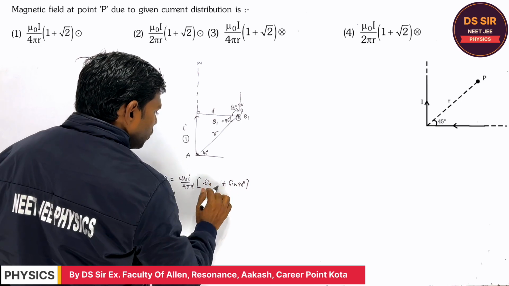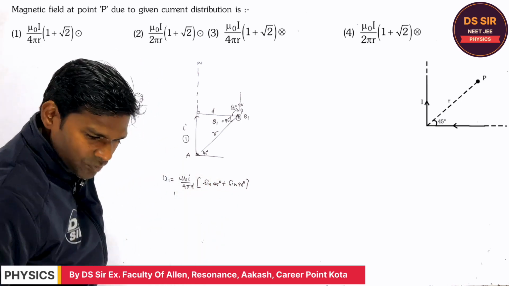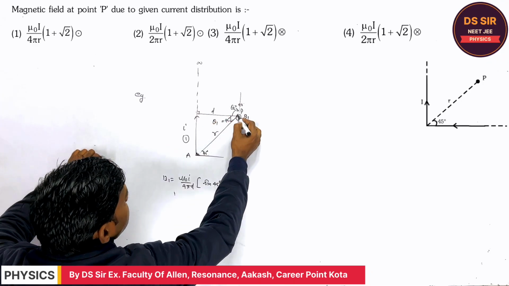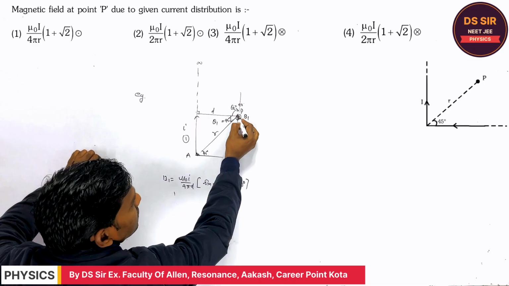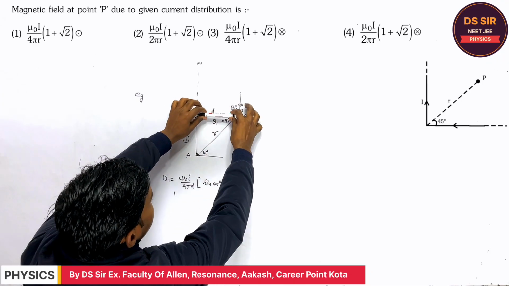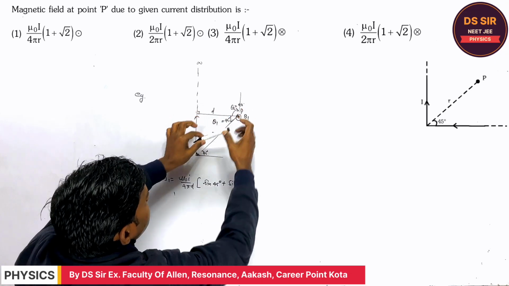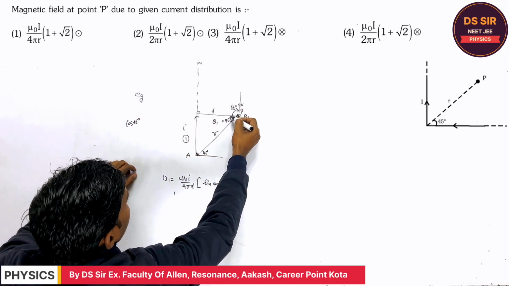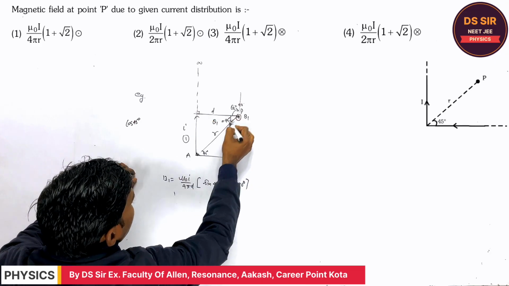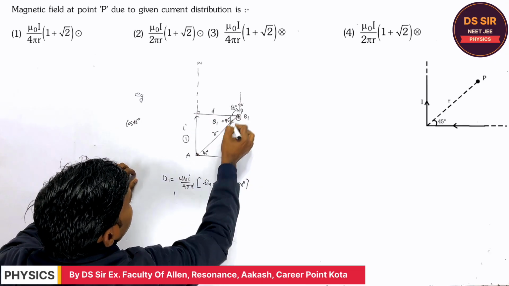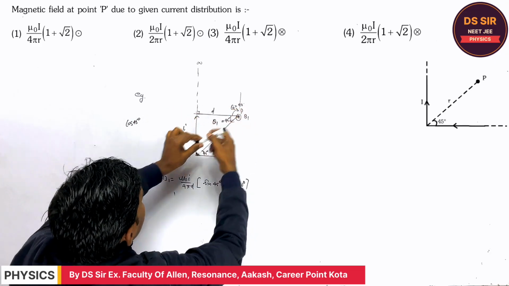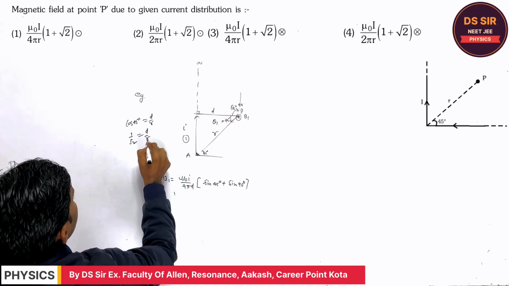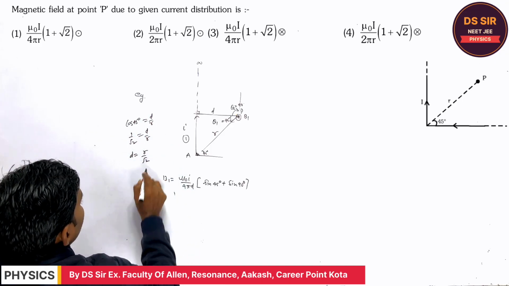Is it clear or not? Yes. The distance r is known, not this distance d. We have to take the perpendicular distance. Applying cos 45, which is base upon hypotenuse in this triangle: 1 by root 2 is equal to d upon r, so d is r by root 2.